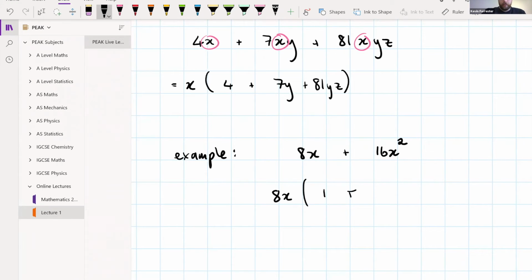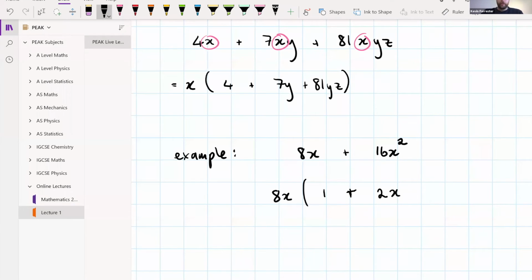And then plus. Now, if I've taken out an 8 from the 16x squared, what does that leave me with? Well, 16 divided by 8 is 2. And if I take out an x squared divided by x, well, we haven't covered that. But we know that if we had to multiply an x by an x, we're going to get x squared.